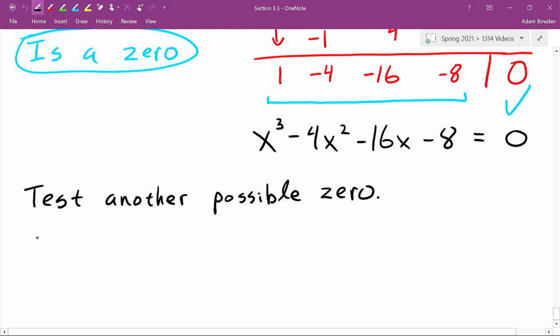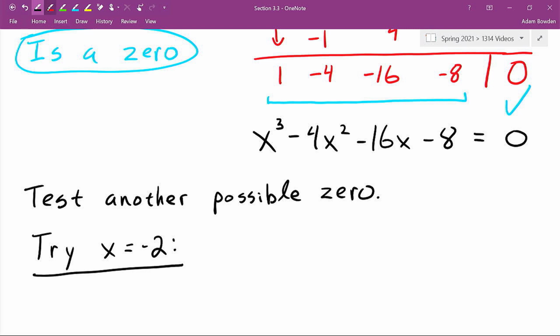So let's try another number. I'm going to try x equals -2. Now we're going to use the stuff from up above, the x cubed minus 4x squared minus 16x minus 8.